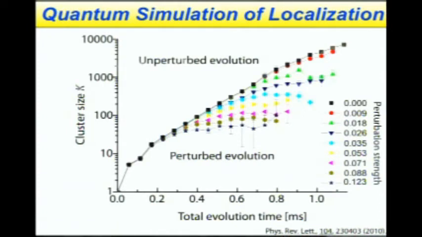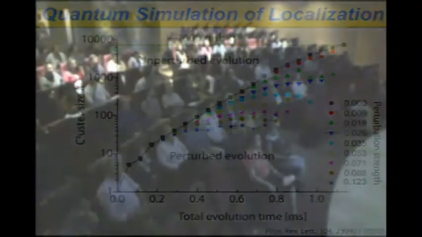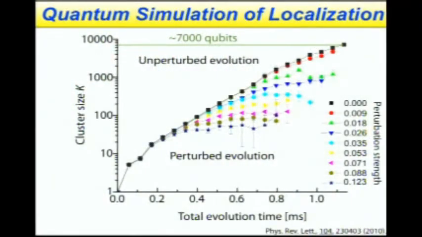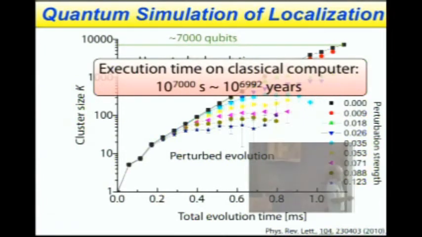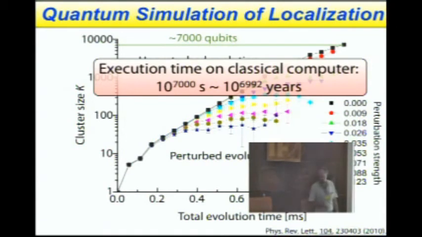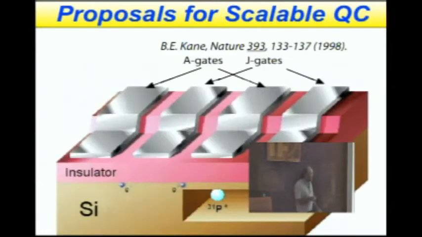And you see the size of the system grows here roughly exponentially with duration, and the end here is with around 7,000 qubits. This is not a universal quantum computer, but at least for some problems you can simulate relatively large quantum mechanical systems. If you want to do something like that on a classical computer, it would take you a few years. Okay, these were existing implementations.